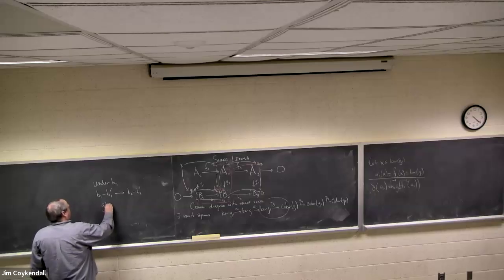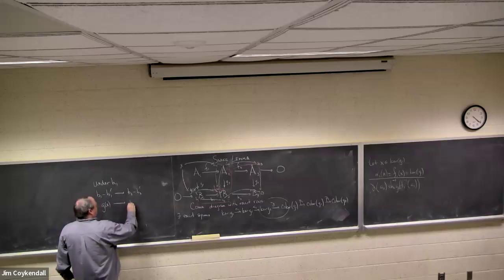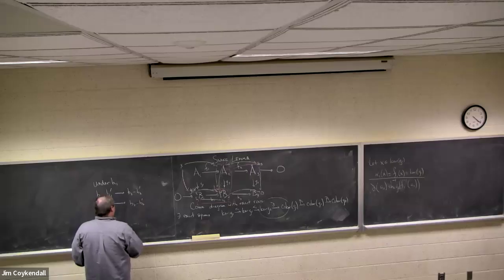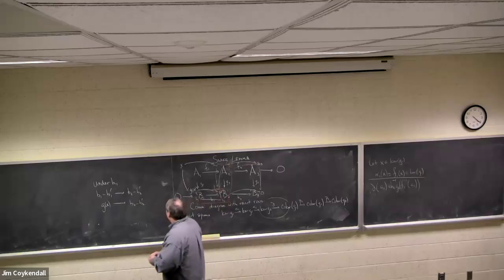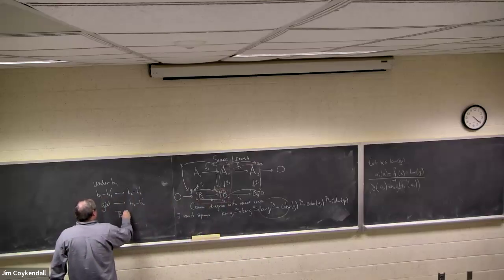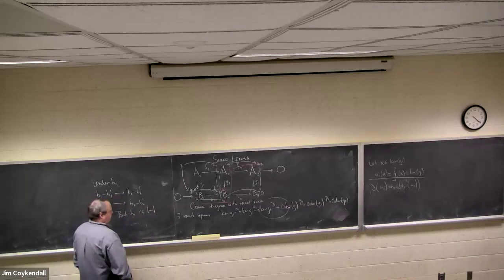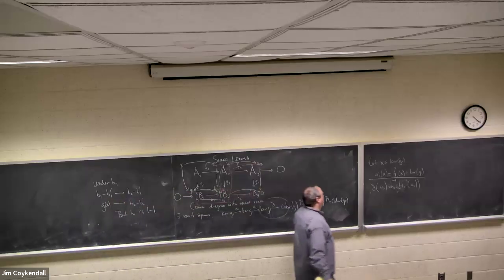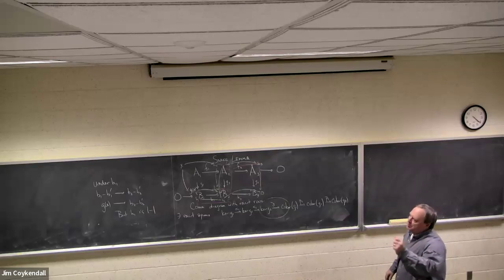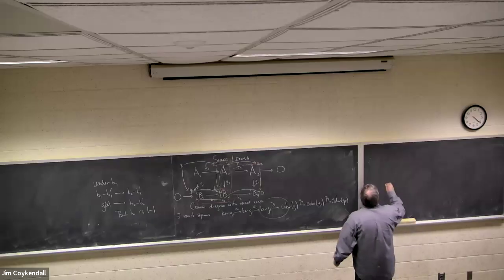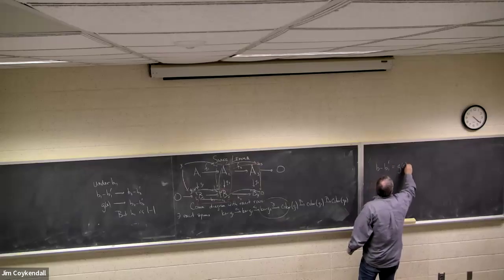Also, G1 of X also goes to B2 minus B2 prime. Well, notice that H1 is 1 to 1. And since H1 is 1 to 1, and G1 of X goes to the same place that B1 minus B1 prime goes to, this means B1 minus B1 prime is equal to G of X.